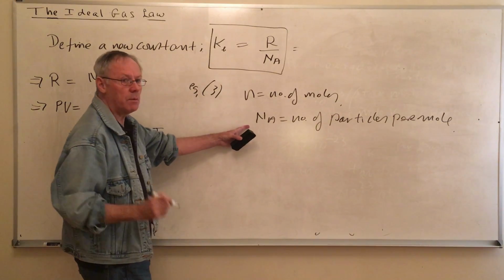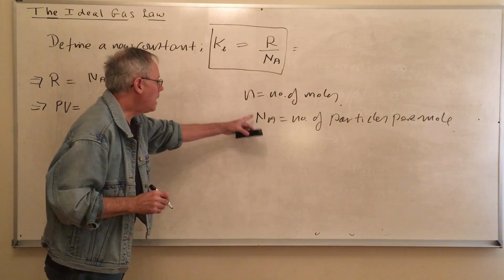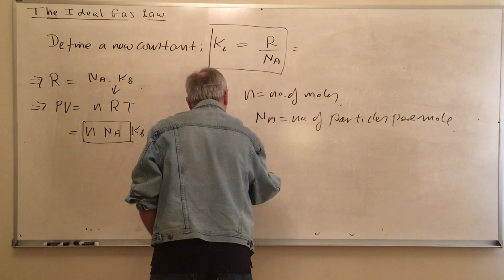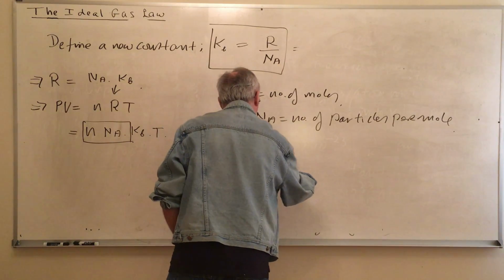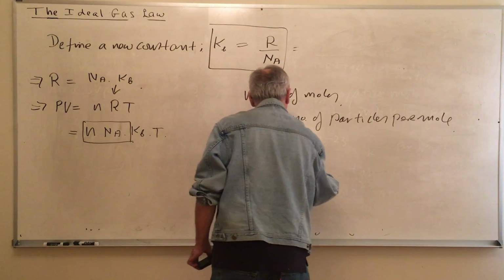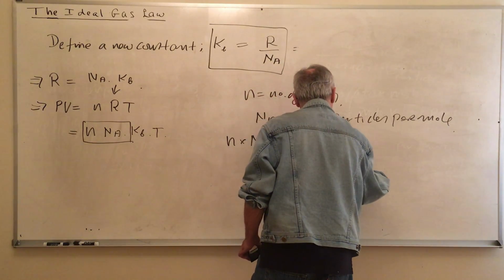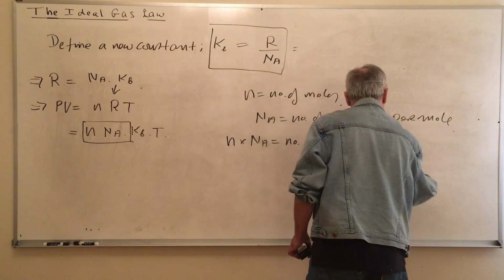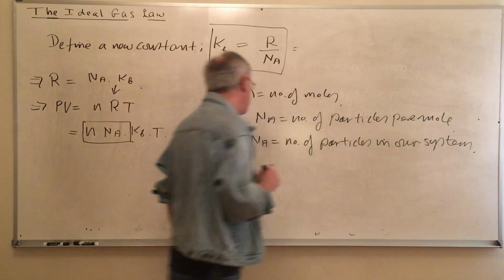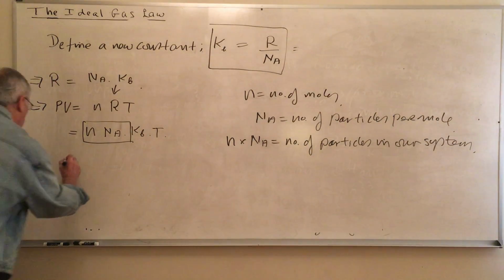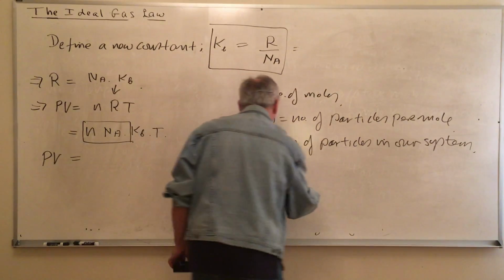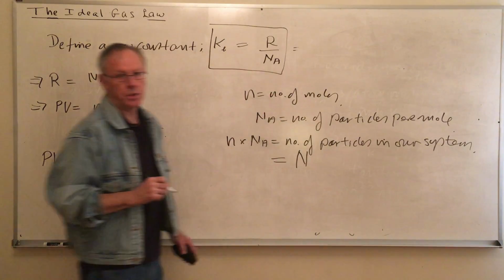Then n times Na is the number of particles in the system. n times Na is the number of moles times the number of particles per mole, which is the total number of particles. So we can write PV. We're going to call this an N number, N with no subscript.